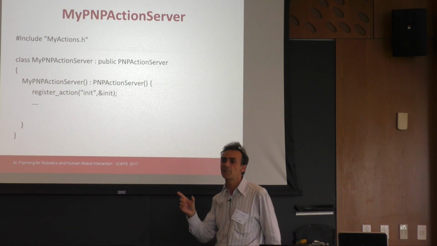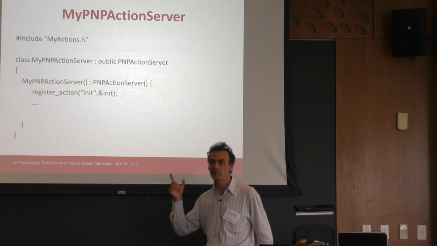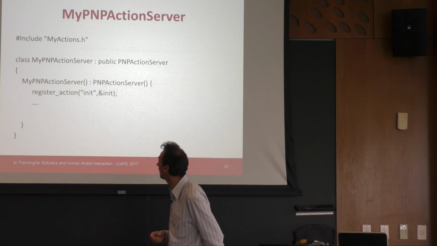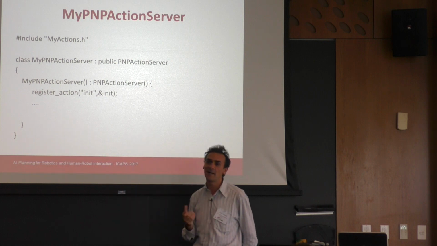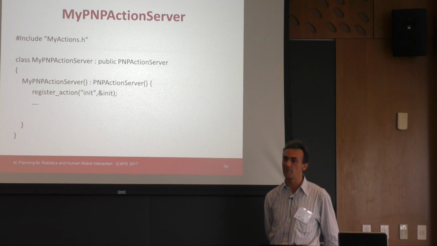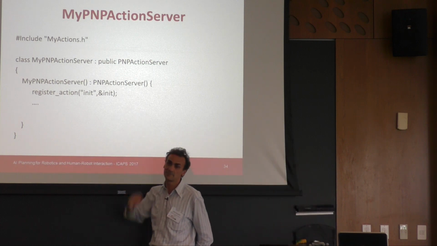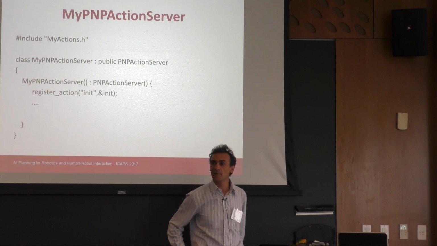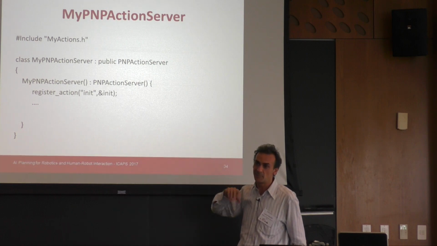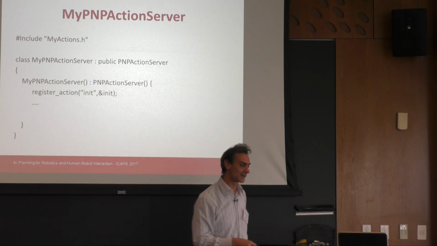So in PNP you have just strings representing actions: init, go to kitchen, go to ball, kick, and so on. And you have to provide a link between this string and the function that will implement this action. And this is done very simply with this example. For example, in the Python version of the action server, this is not even needed, because in Python you can evaluate the strings as functions.